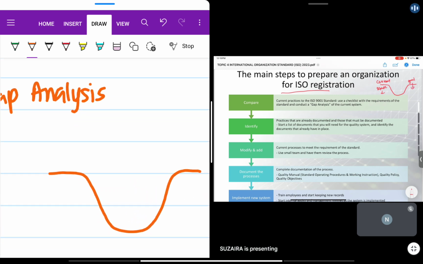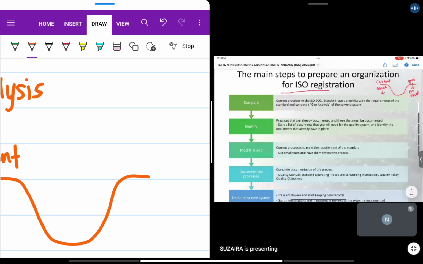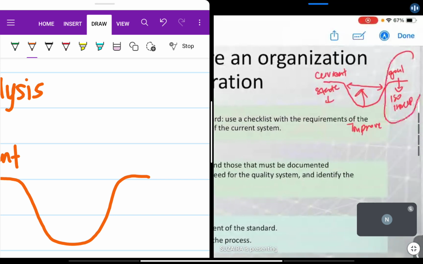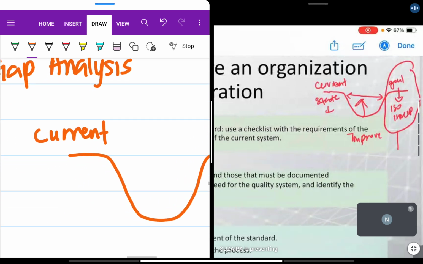But the goal that you want to achieve is that ISO has requirements that you need to follow. So in between here are the gaps. What are the things that you need to add or improve in order to achieve this? We want to achieve this, but of course you need to do something from the current state. So this is what we call the gap.